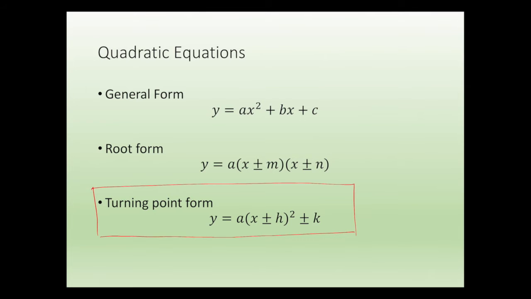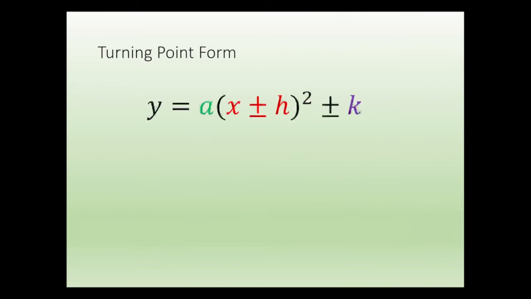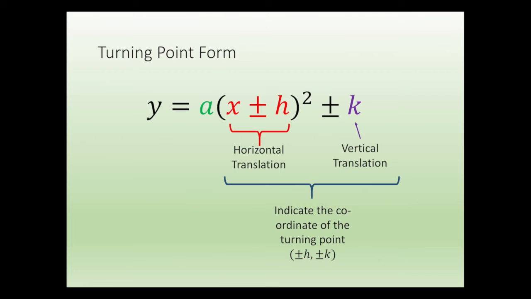Alright, let me explain the turning point form. When you have y equals a, x plus or minus h all squared, plus or minus k, the x plus or minus h all squared gives you the horizontal translation. k will give you the vertical translation, and combining both, you will know the coordinate of the turning point.